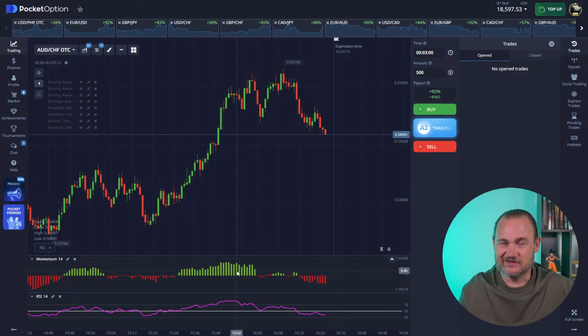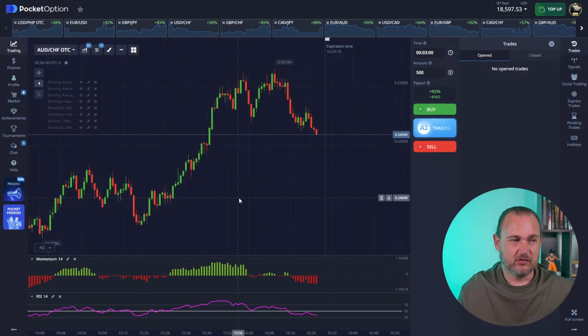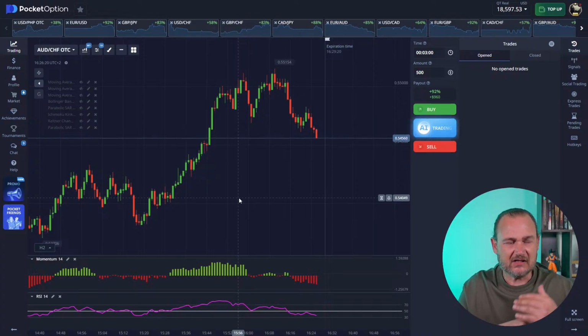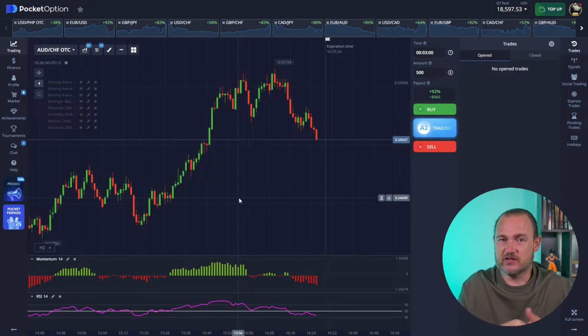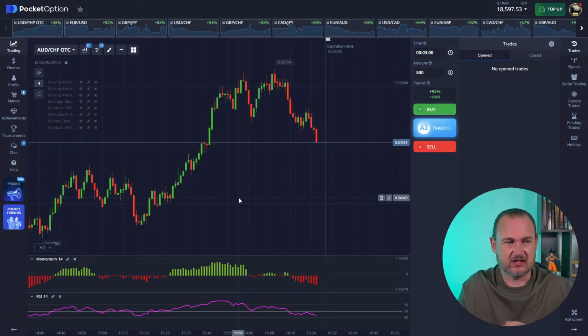It's just what it is. Possible, but a lot harder. So look for your continuation trades, especially if you're using momentum-based strategies. A lot of my strategies are momentum-based, and we do continuations most of the time. My trades are continuation trades, not reversal trades.